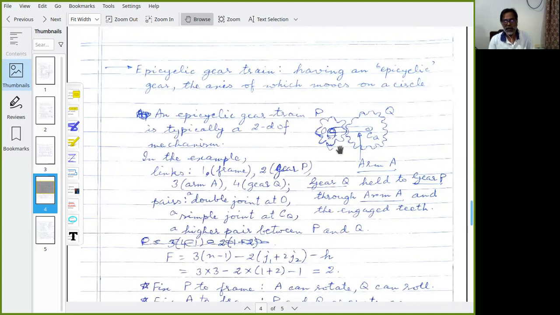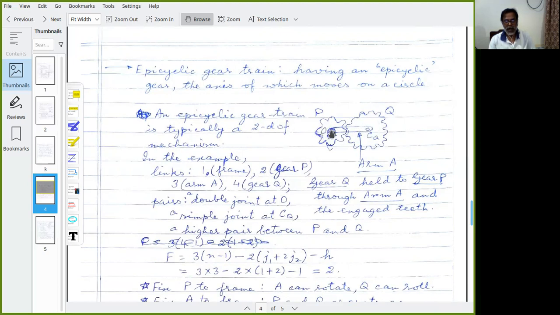Look at this example. There are two gears. P is the simple gear and Q is the epicyclic gear. As it is, the Q gear might fall off, so that it does not fall off, you connect its center to the fixed pivot O with a rigid arm.